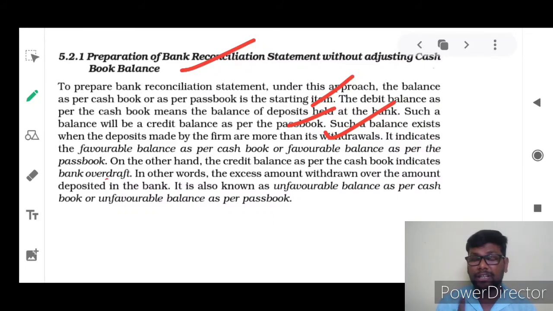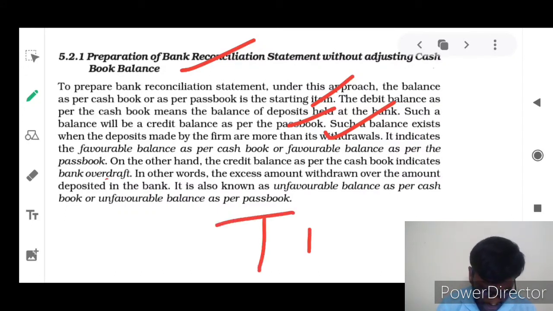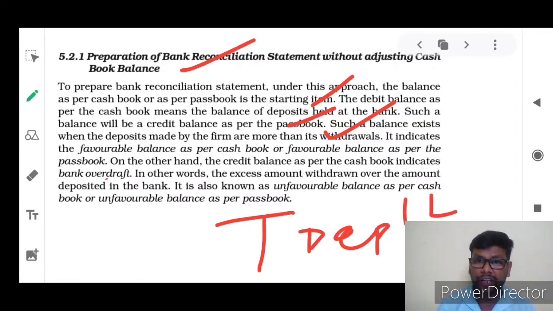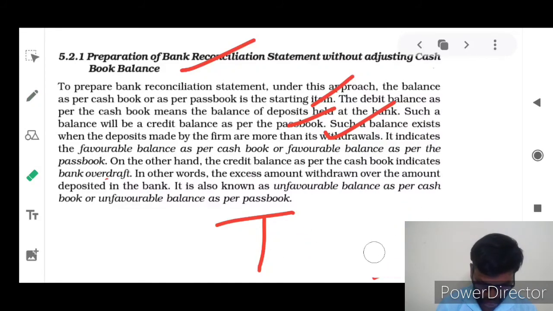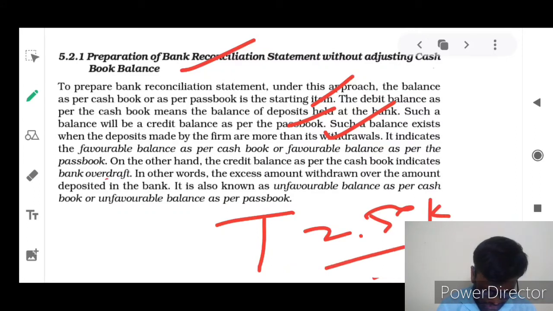In the opposite sense, what I told you before, withdrawals more than deposits, is unfavorable. Likewise, if deposits are more than withdrawals, if you are depositing more money in the bank, like 1 lakh rupees on the first day of the month, then after one week 50,000 rupees, and after another week 2 lakh rupees, then the available balance in your bank account will be 2,50,000 rupees.